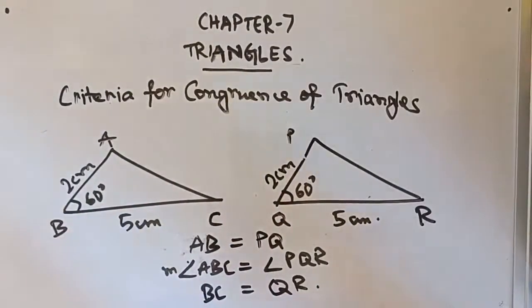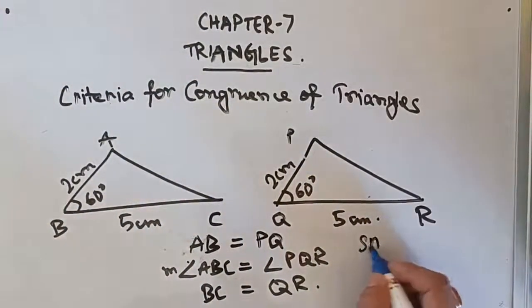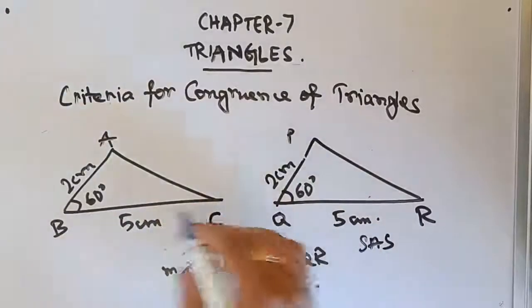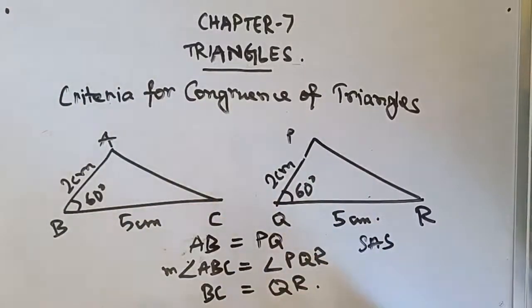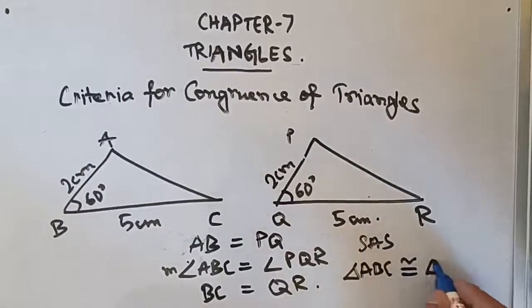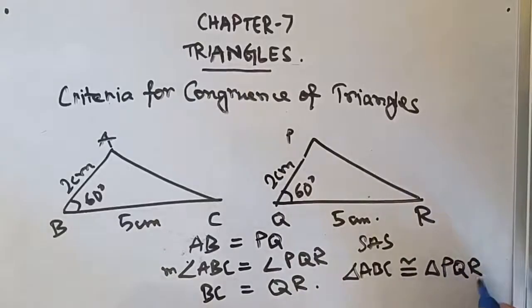So by SAS Congruence Rule, these two triangles, triangle ABC and triangle PQR, are congruent to each other. That is, triangle ABC is congruent to triangle PQR.